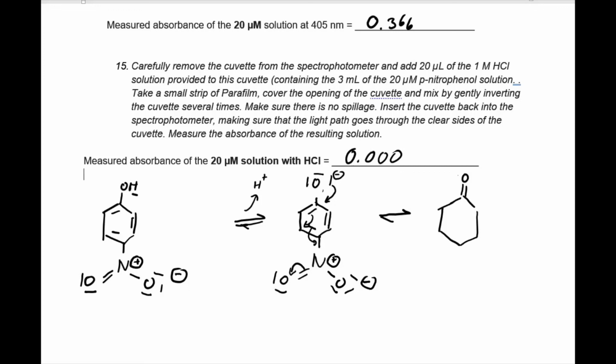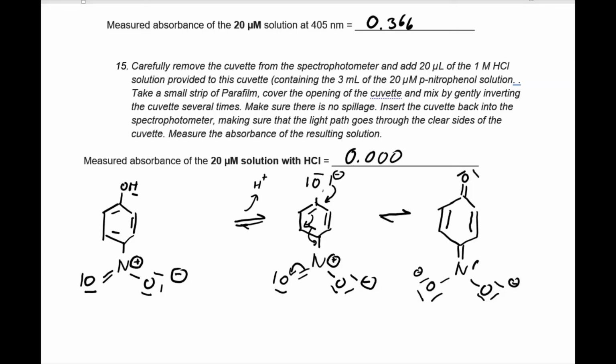So we've got an O here. We've got two electron pairs like that. And we now have the nitro group, negatively charged, and this one here is also negatively charged.